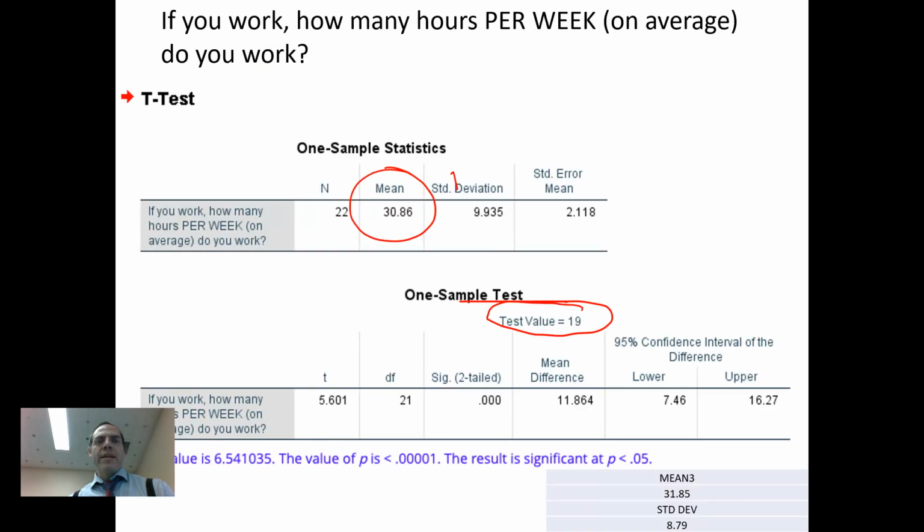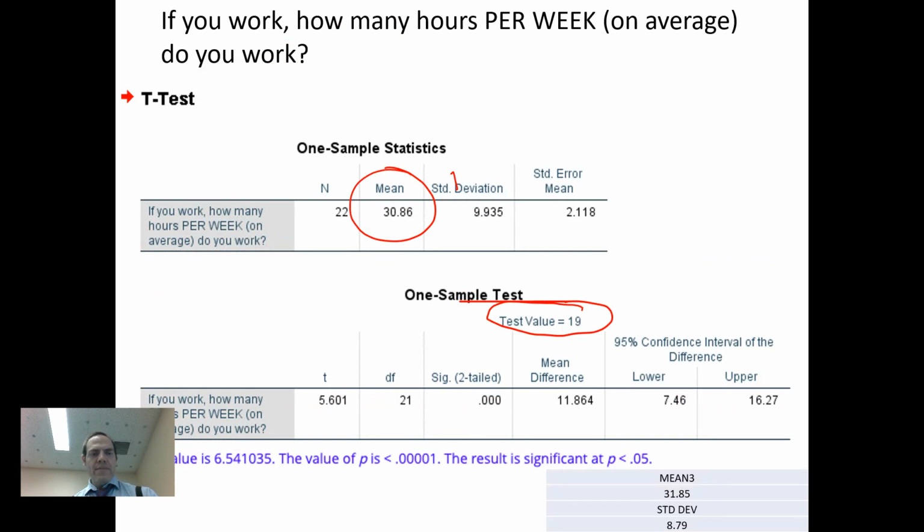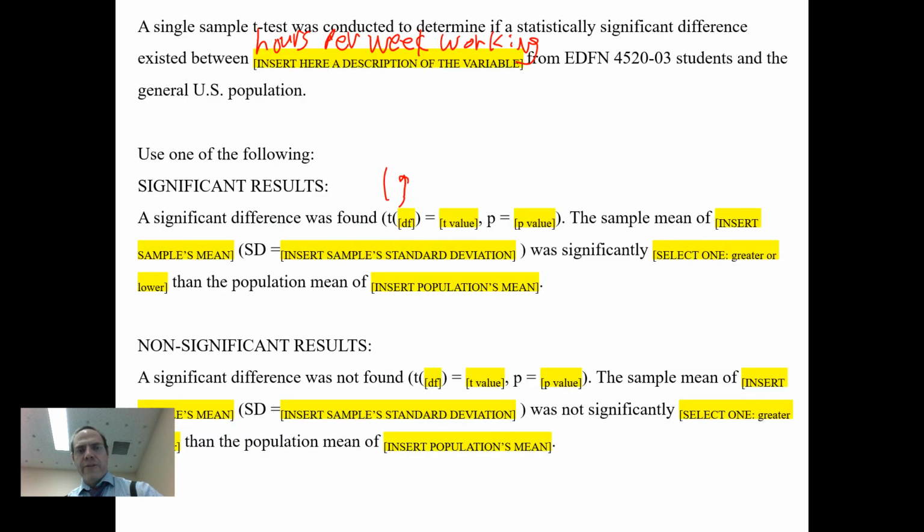And the way to report it is, let me see, hours per week working. And then these are significant. And then degrees of freedom, 20 people minus 1, 19. T-value 6.5.